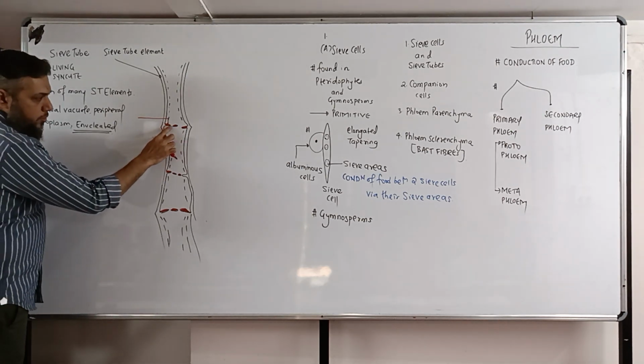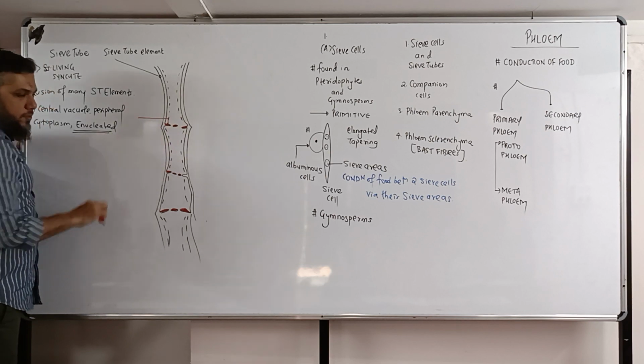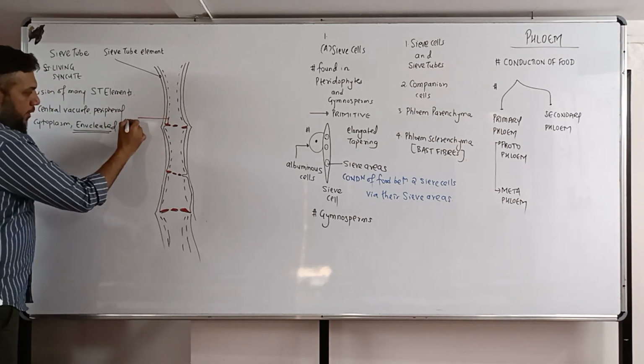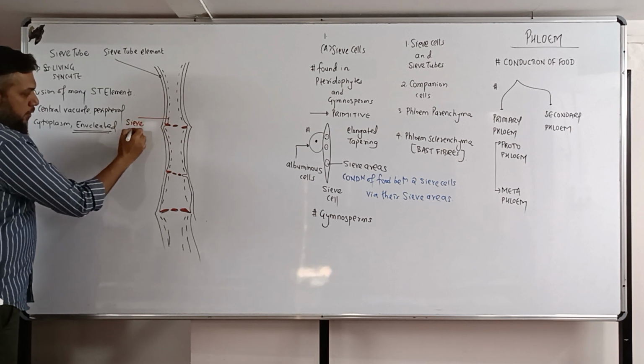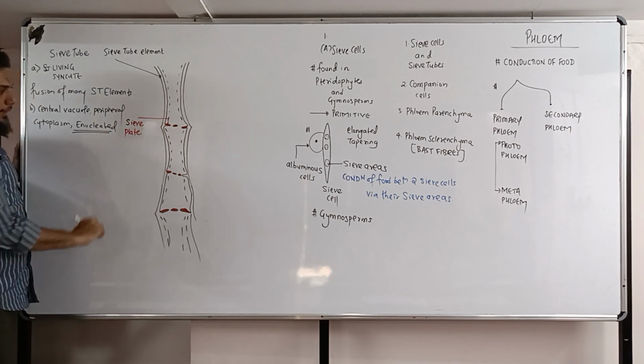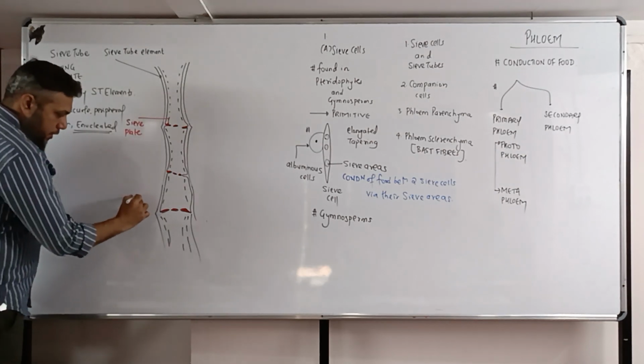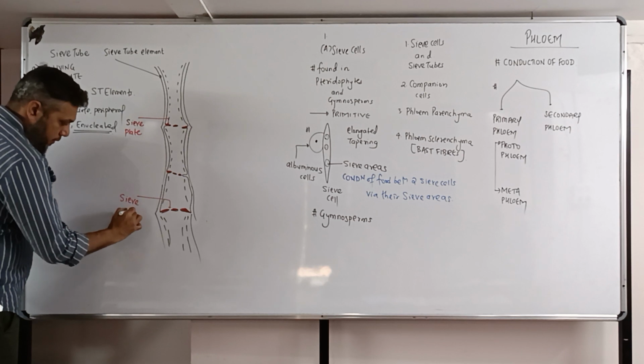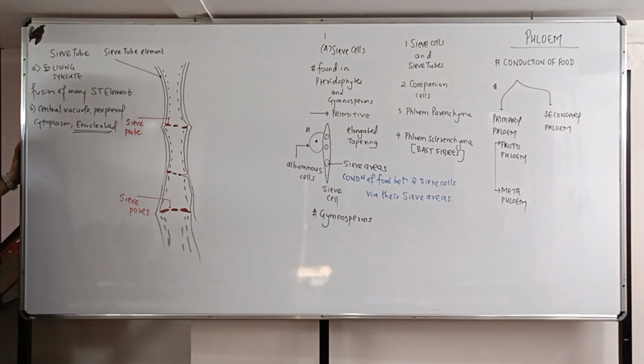It shows the presence of holes, perforations. Okay? So the cell wall is called a sieve plate, and these perforations are called sieve pores.